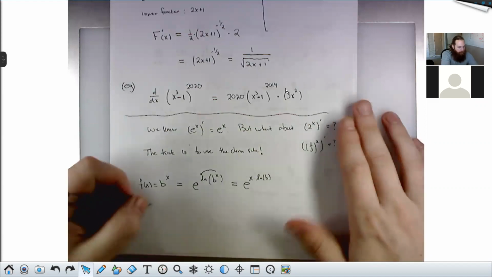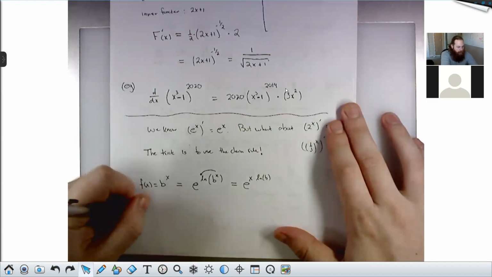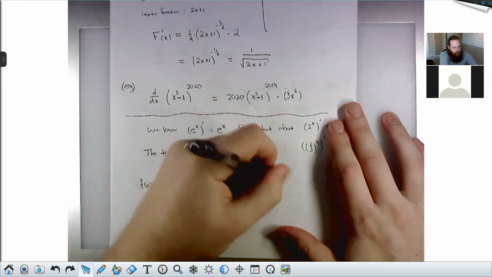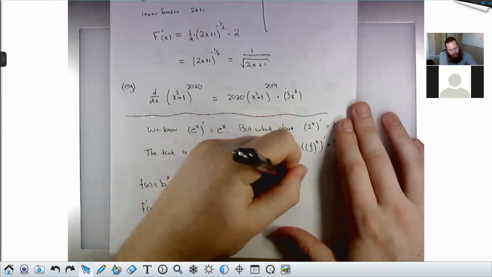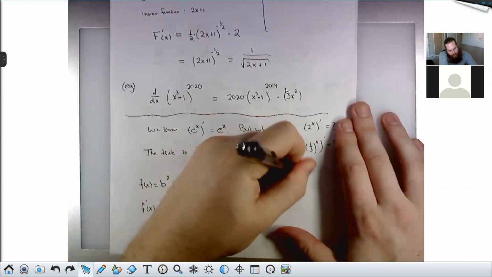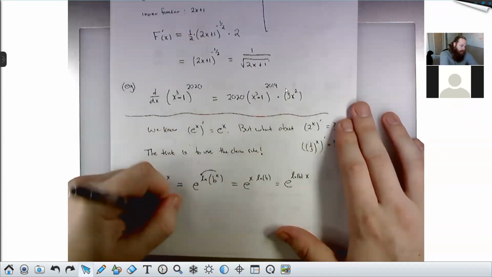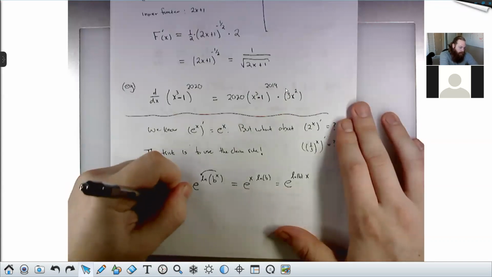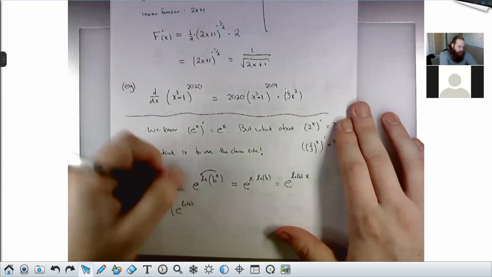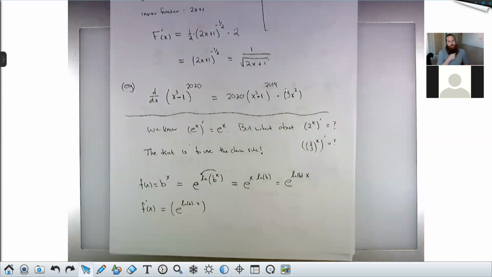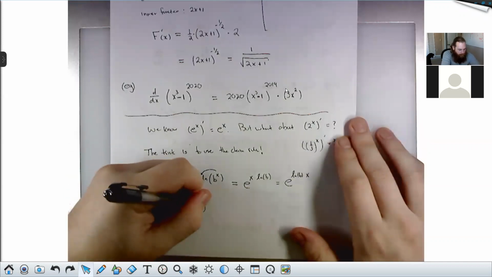So by the chain rule, f prime of x, maybe I'll rewrite this as e to the ln b times x. So that's e raised to the ln of b times x, like this. Make sure the x is outside of the ln, right? It's just multiplying it.